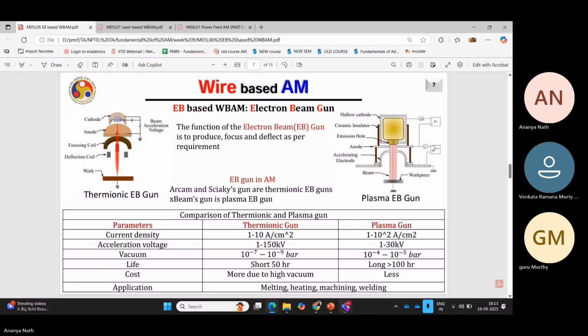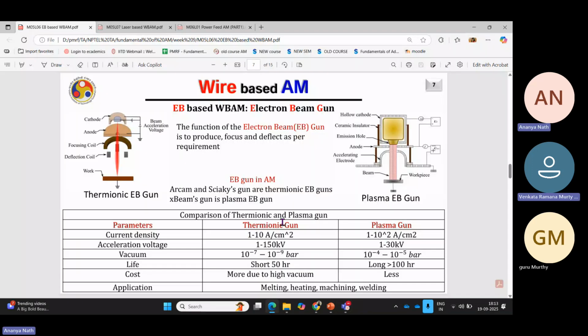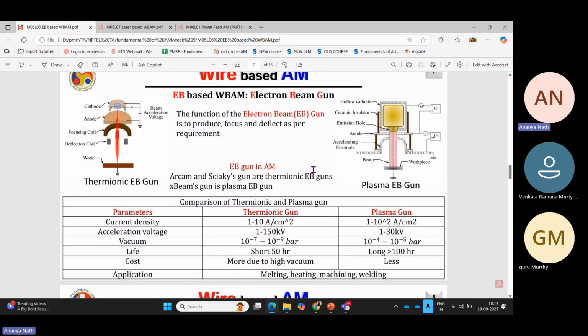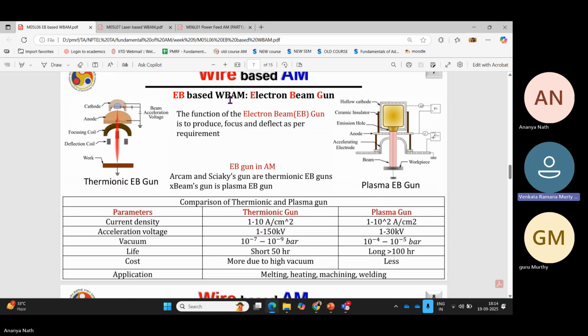Hello, can you hear me? Yeah, but some interruption is coming in between. The slides are still not visible. Even in audio there is some interruption. Surprising, because this is a network I use every day. Maybe some disturbance is coming.